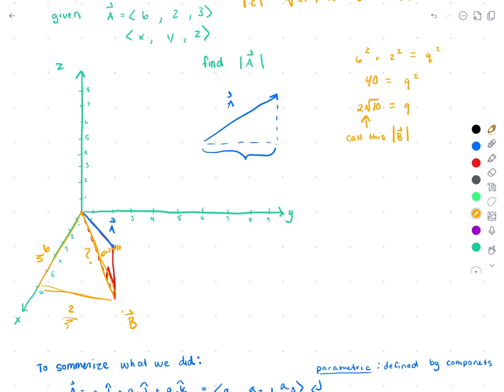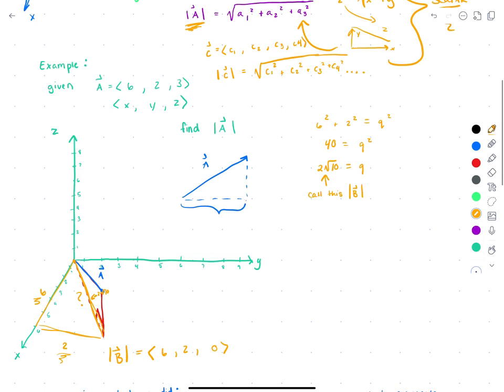Vector B, which I can tell from this graph because it starts at my origin, would be 6 to 0.